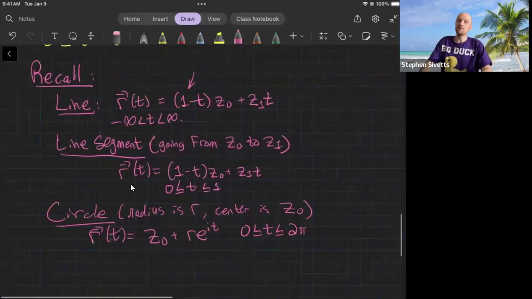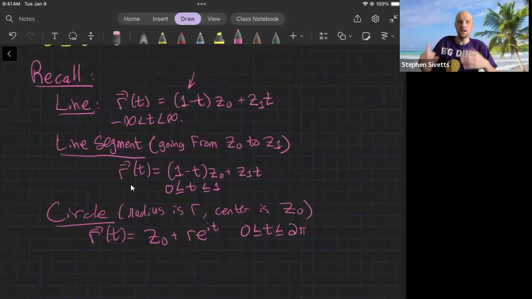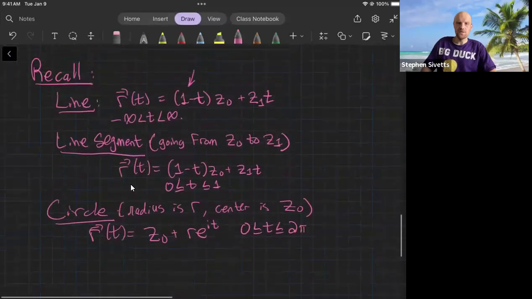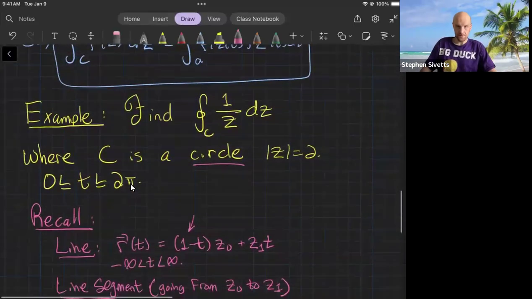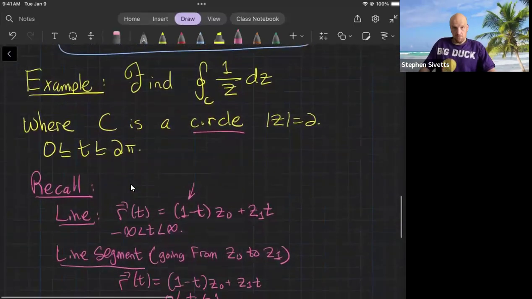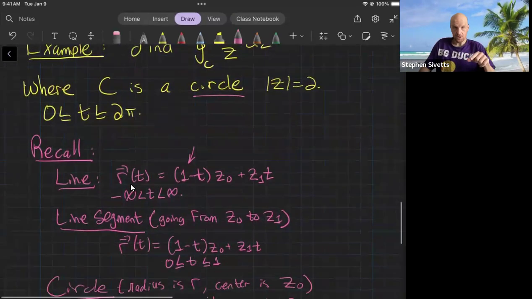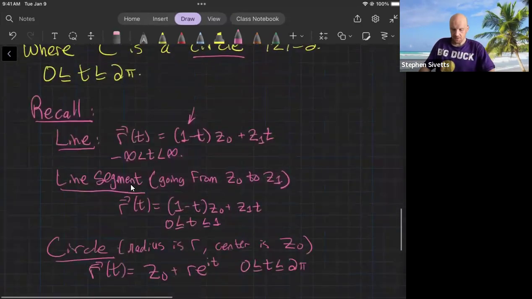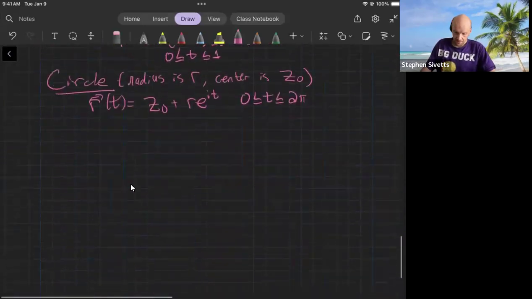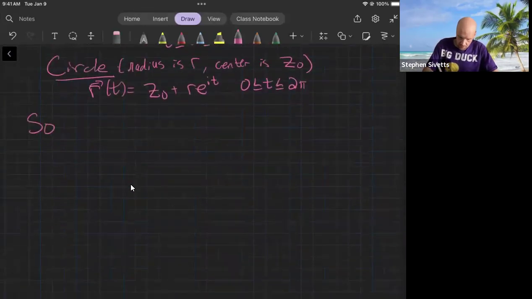So that's a bit of review on some parametric curves we've seen in the previous chapters. We want to look at how to parameterize a circle of radius 2, whose center is at the origin, and t is in between 0 and 2 pi.